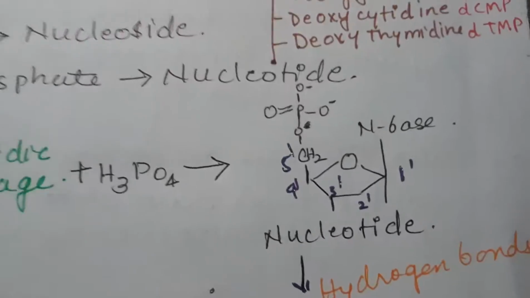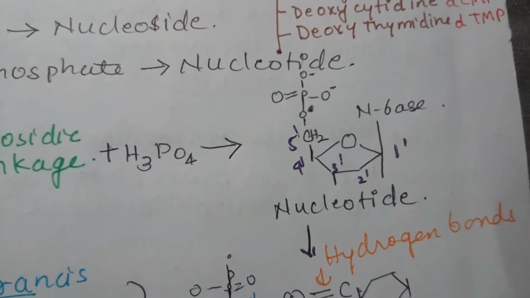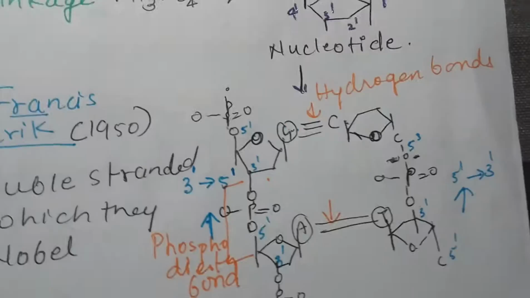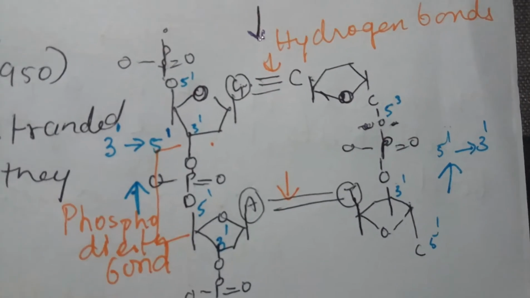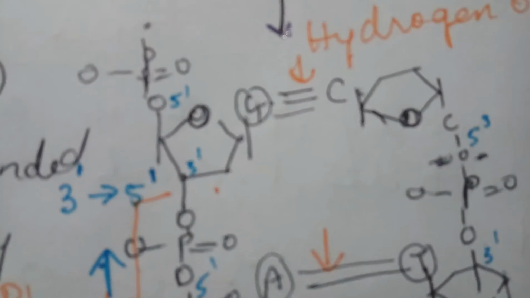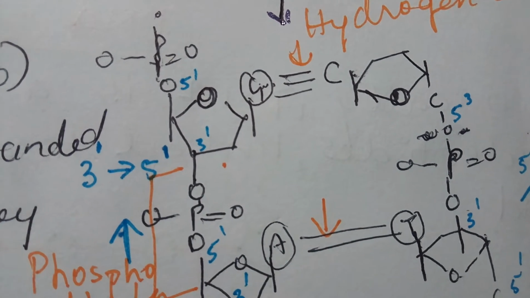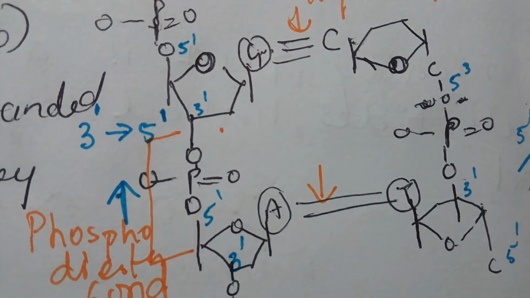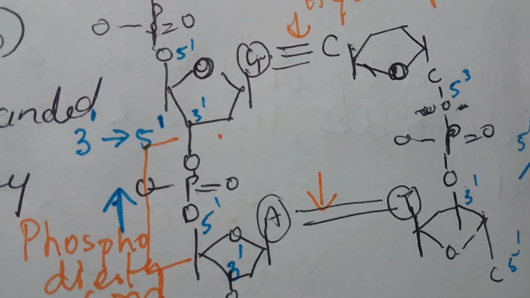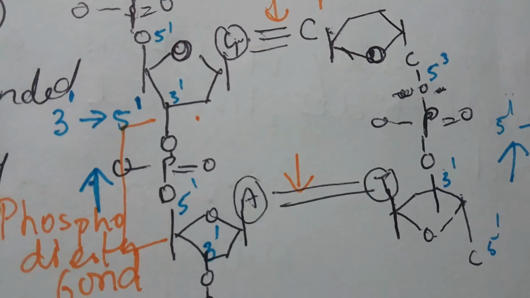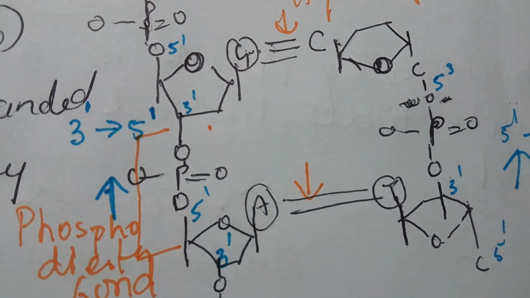Now if you look at the polymerization, when the polymerization occurs, look here, you can see the 3' position of the sugar linking another phosphate, and this phosphate is linked to the 5' position of another nucleoside.